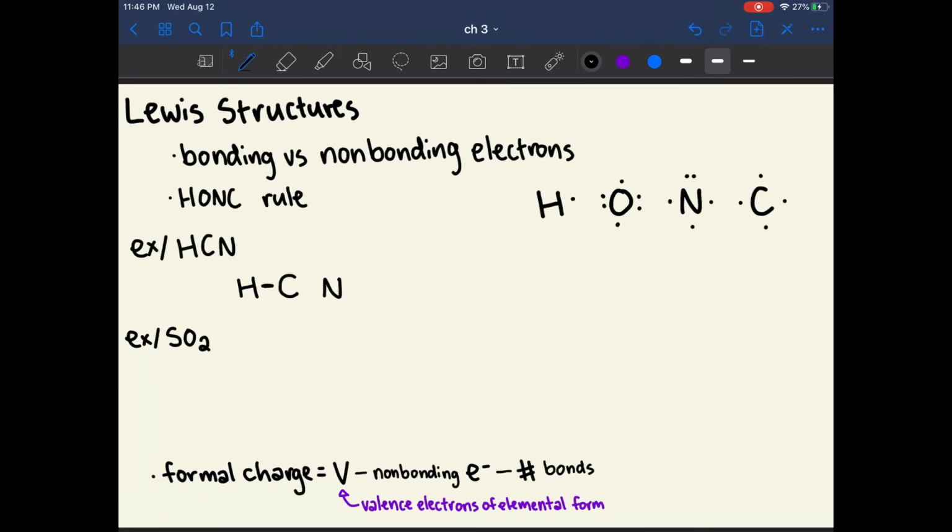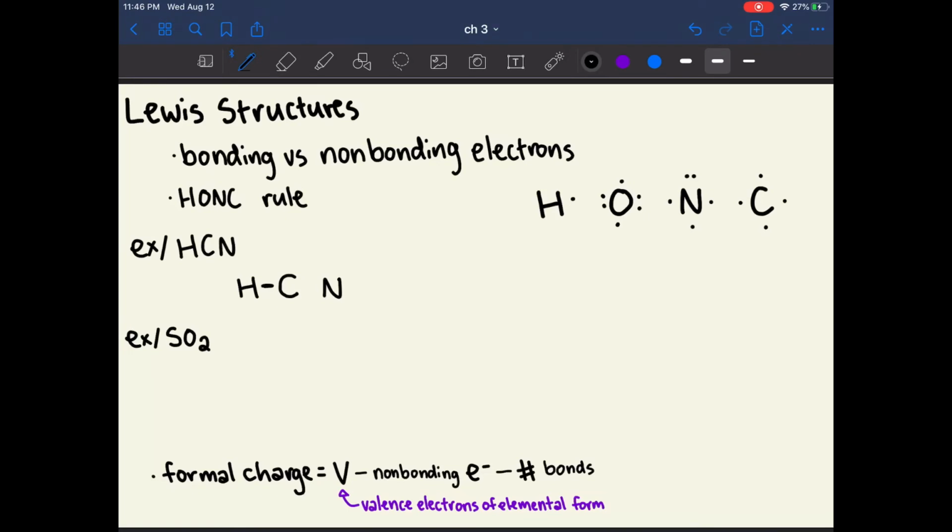So we know that hydrogen can only make one bond because hydrogen is happy with 2 electrons. And these 2 electrons that are shared count toward the 2 electrons that hydrogen wants. So now carbon wants 8 electrons, and so does nitrogen. And because we've used up 2 electrons in this bond to hydrogen, we only have 8 electrons left, or we have 4 bonds left that we can make.